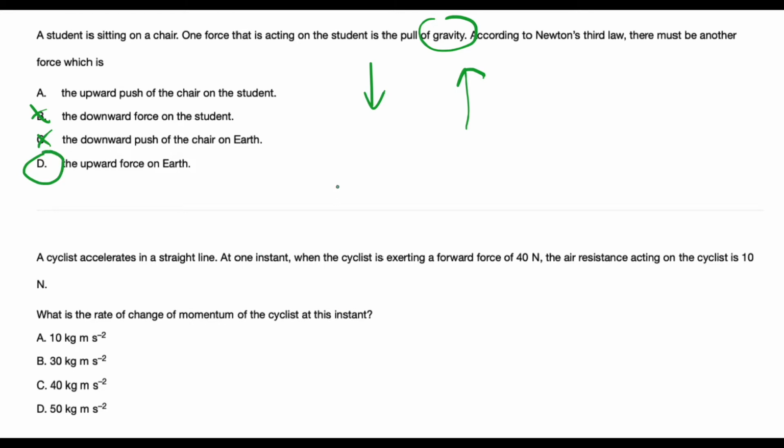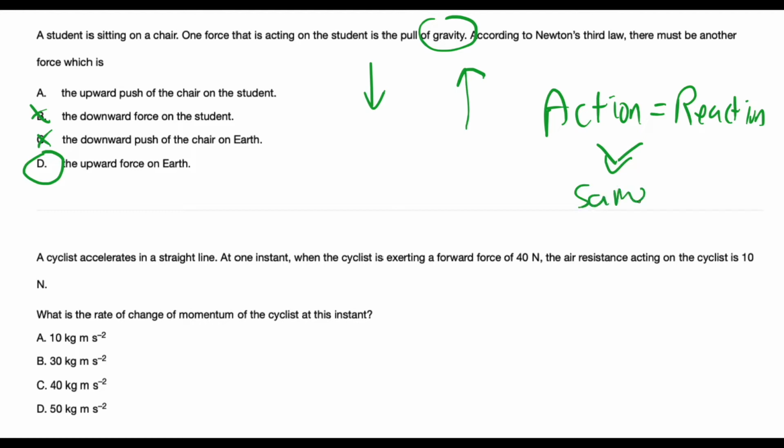So this one is testing Newton's third law. Action force is equal to reaction force. And the force must be acting on the same object. So if a person punches a wall, then they also receive a force.